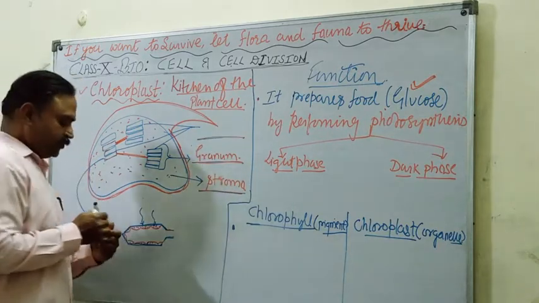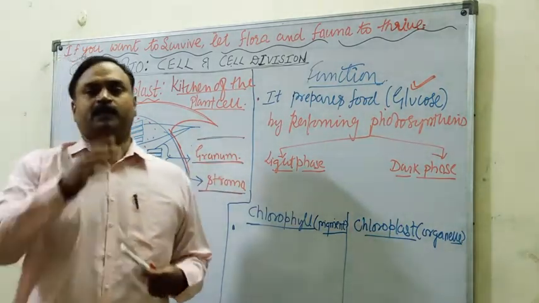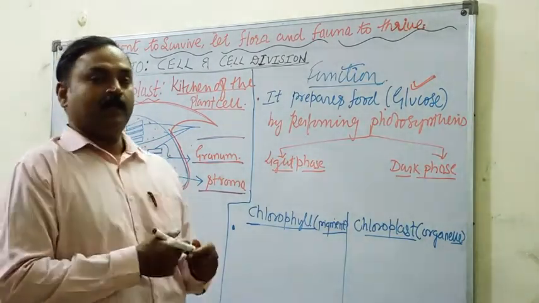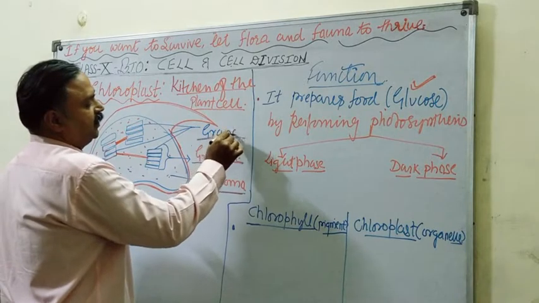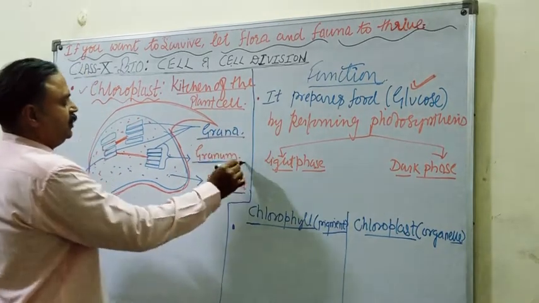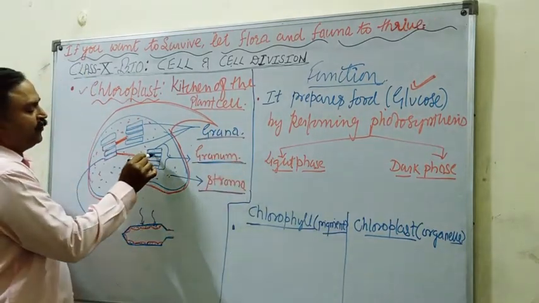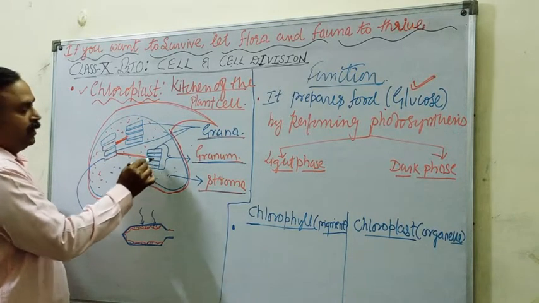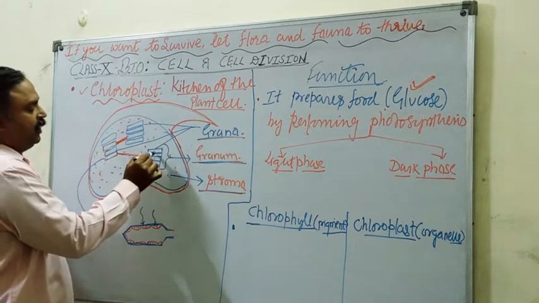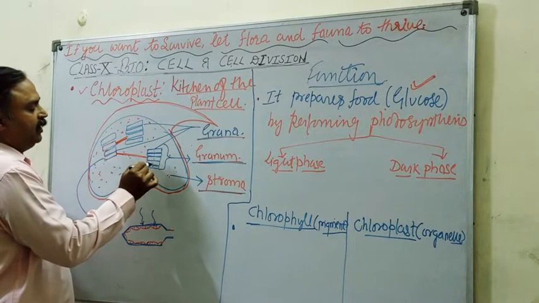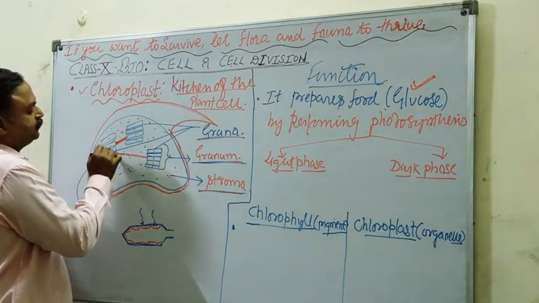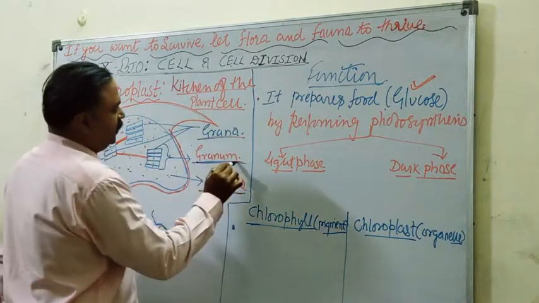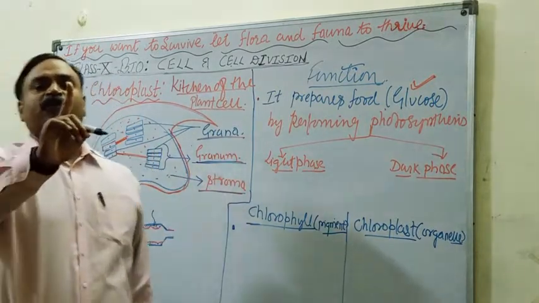Students are confused between two words, granum as well as grana, but there is a slight difference. Granum is one group of thylakoids, and grana are many granum. Many granum form grana, isn't it?